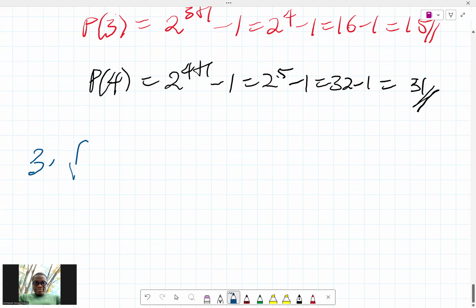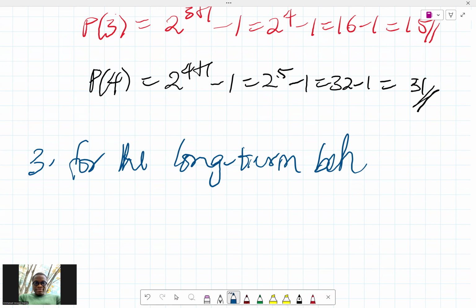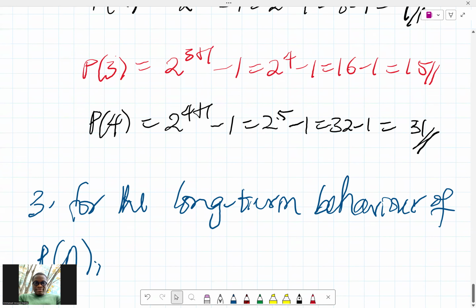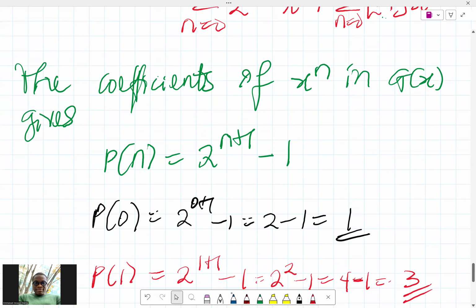For the long-term behavior of P of n, you know that the P of n we have extracted is this, right?